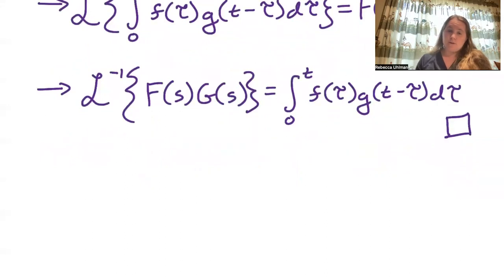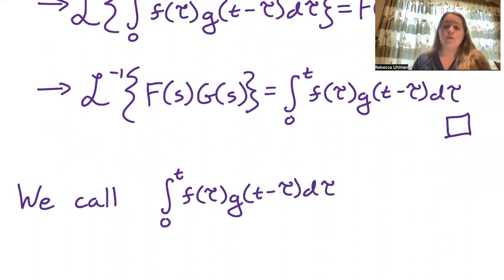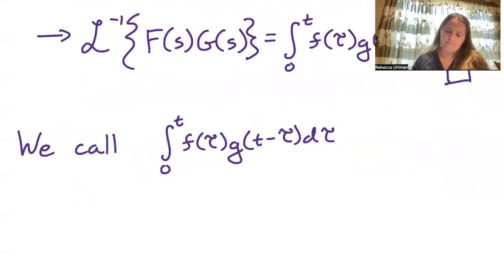Just for some vocabulary, we call this definite integral from 0 to t of f of tau g of t minus tau d tau the convolution of f and g.